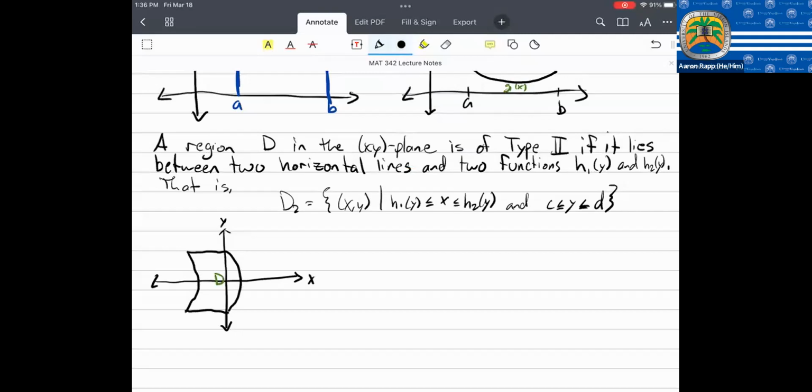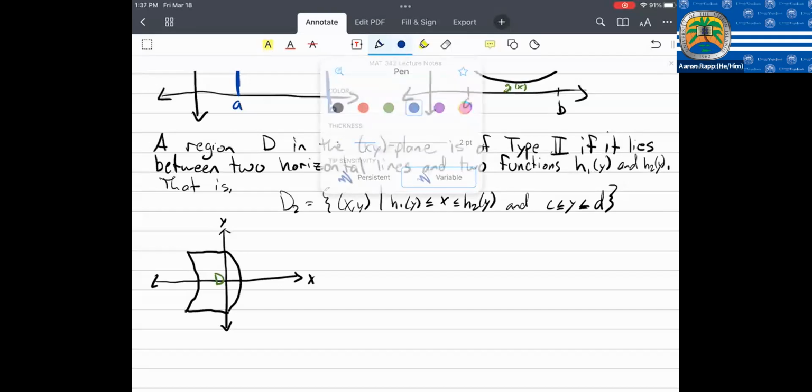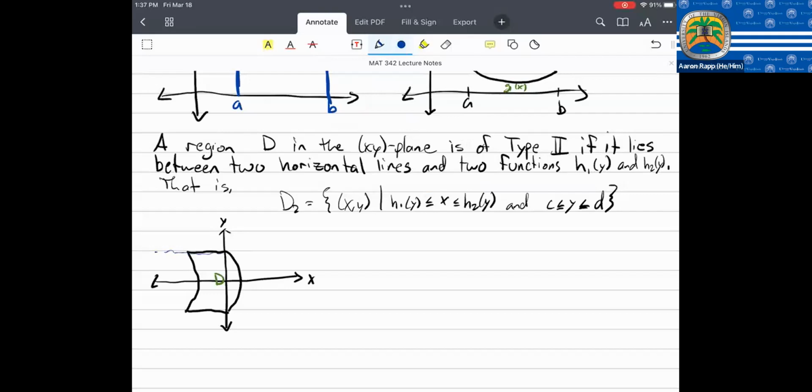How I change along the x-axis depends upon where I'm at on the y-axis. However, I know I'm always between these two horizontal lines. First one being, or the higher one, y equals d. Lower one, y equals c.